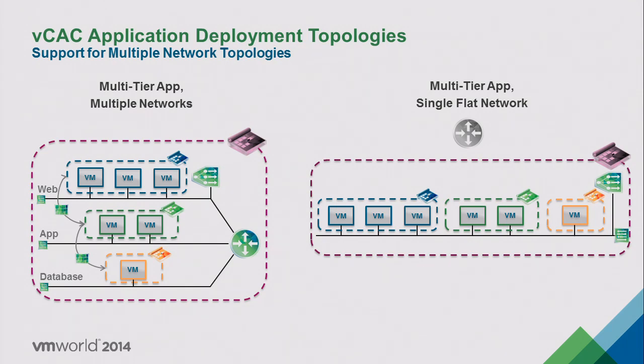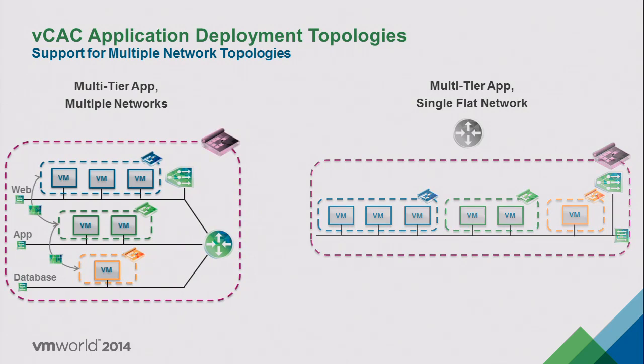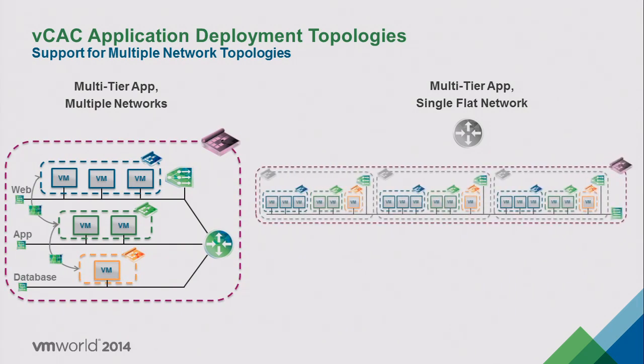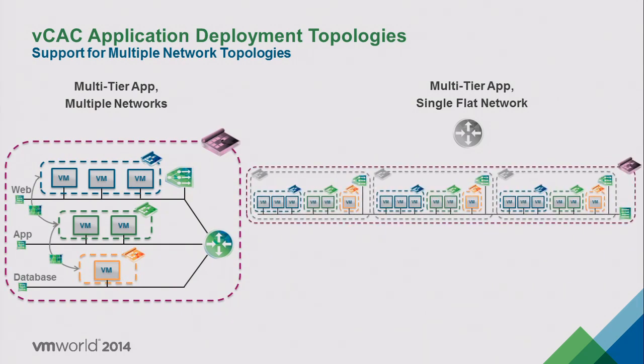Now, even with the second option, where we have one application on a single flat network, there's also a variation of that, where we actually deploy multiple application instances on the same network. This is a model that's gaining popularity because it reduces the number of moving parts that need to be automated, and it also simplifies IP address management.